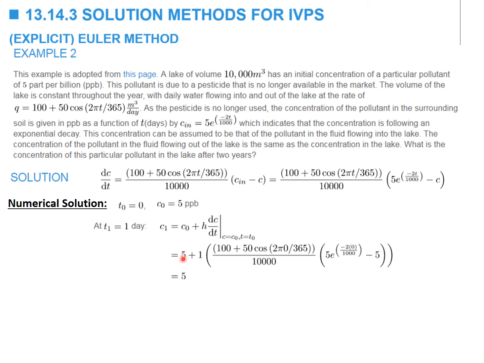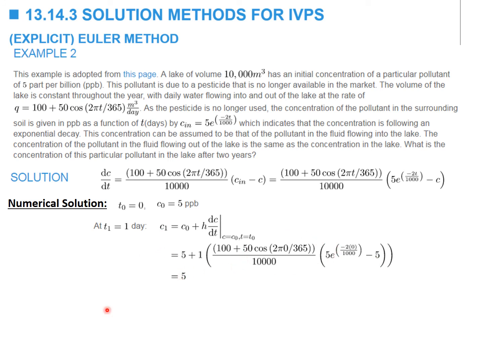C naught is 5, h is 1, and dC by dt is all this expression. In this expression I have time and concentration. Time I substitute with time naught, which is 0. C I substitute with C naught, which is 5. So you put here time is 0 and C is equal to C naught, 5. Evaluate this expression, and C1 is equal to 5.